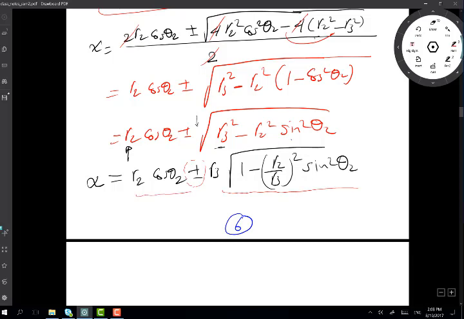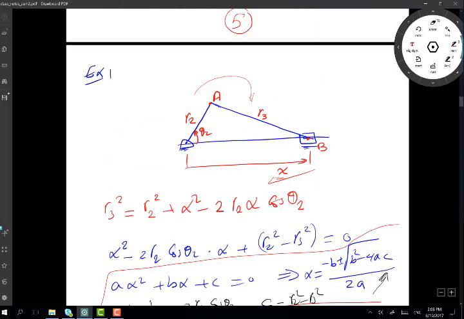The second assembly would be the minus one, and this one will give me a negative value for x, because it will be on the other side. So this is the other possibility for the linkage.